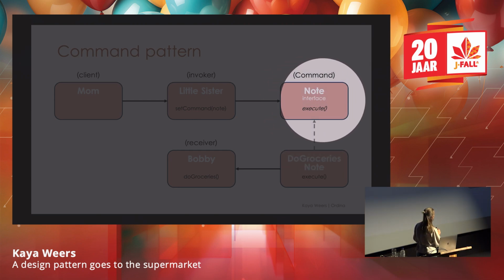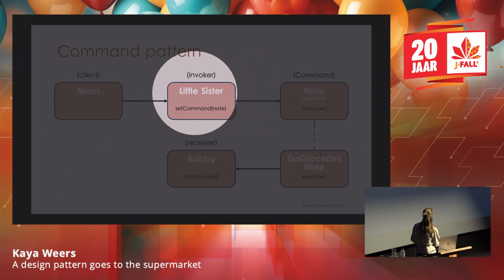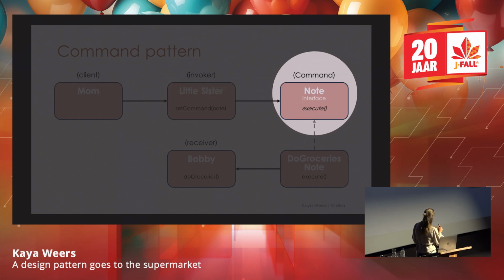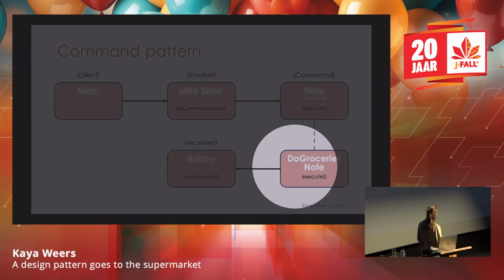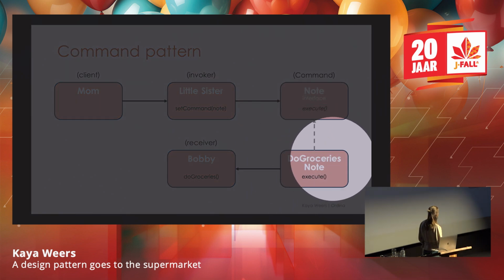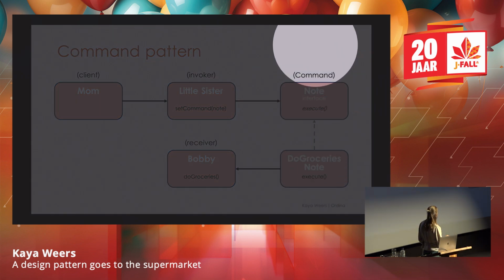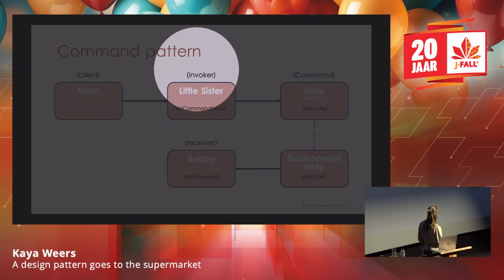So the note is an interface. And the little sister, Mom tells her, okay, I want this command set. The sister only needs to know it is a note, and she can execute a note. That the implementation is actually a do-groceries note doesn't matter for her. She only knows this is her task.